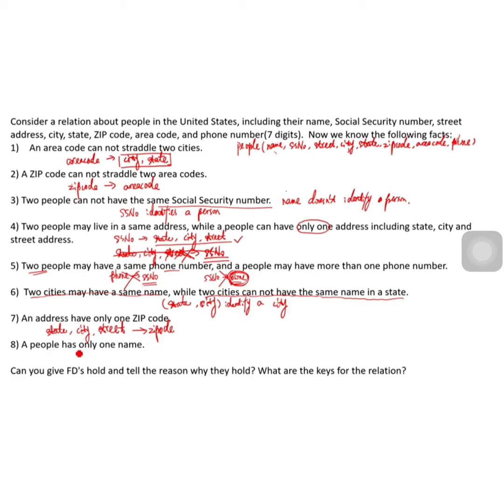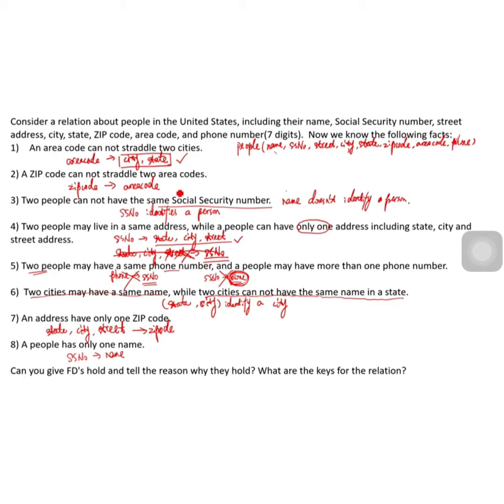People have only one name. People are identified by SS number, so SS number functionally determines name. Okay, now we can get these FDs. Area code functionally determines city, state.